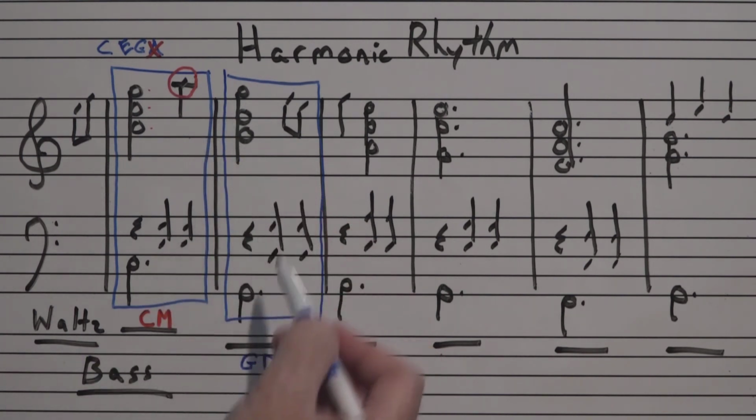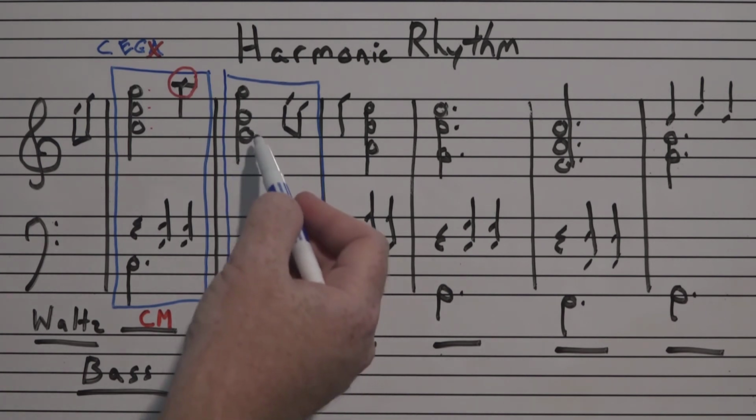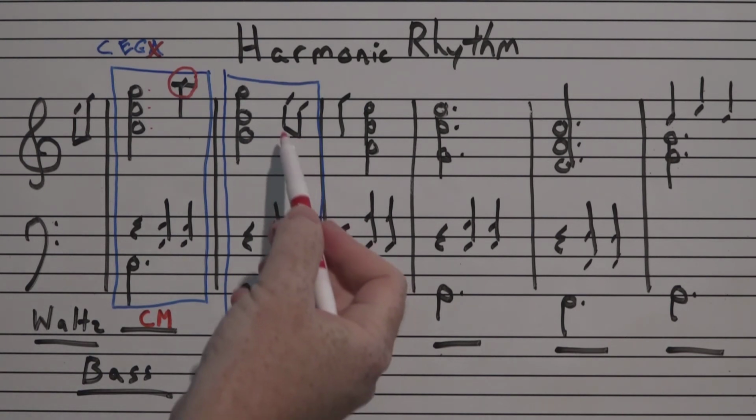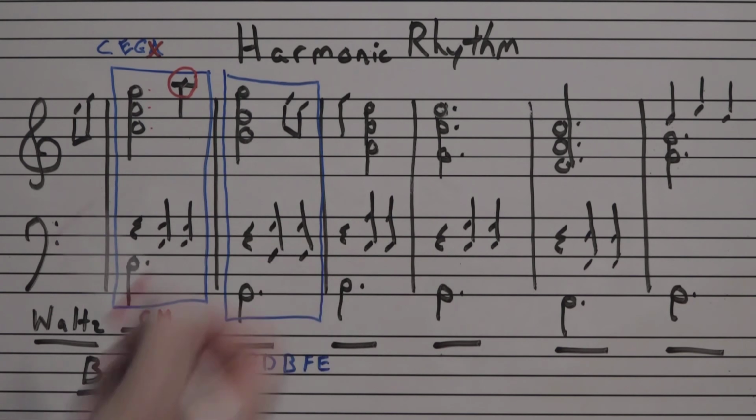The D is sounding the entire time. The B is only sounding on beat 1 and 2. So let's maybe question that. But what we should easily question is the F and the E that are only eighth notes on the weak beat.